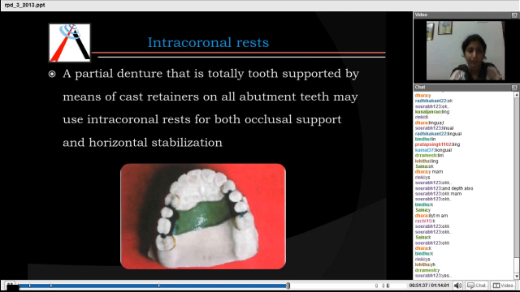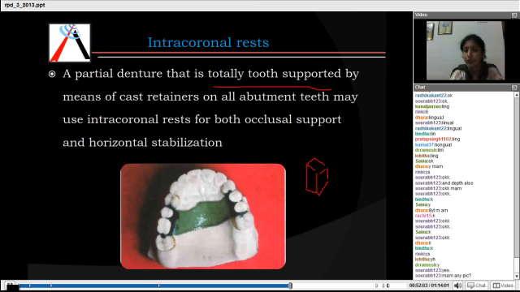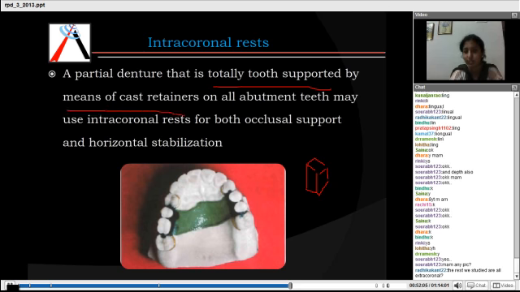It is like creating a box-shaped structure on your proximal surface, where your rest goes and gets engaged. So it is more aesthetic because your occlusal surface will actually not show you the rest. But this can only be used when it's totally tooth supported by means of cast retainers.